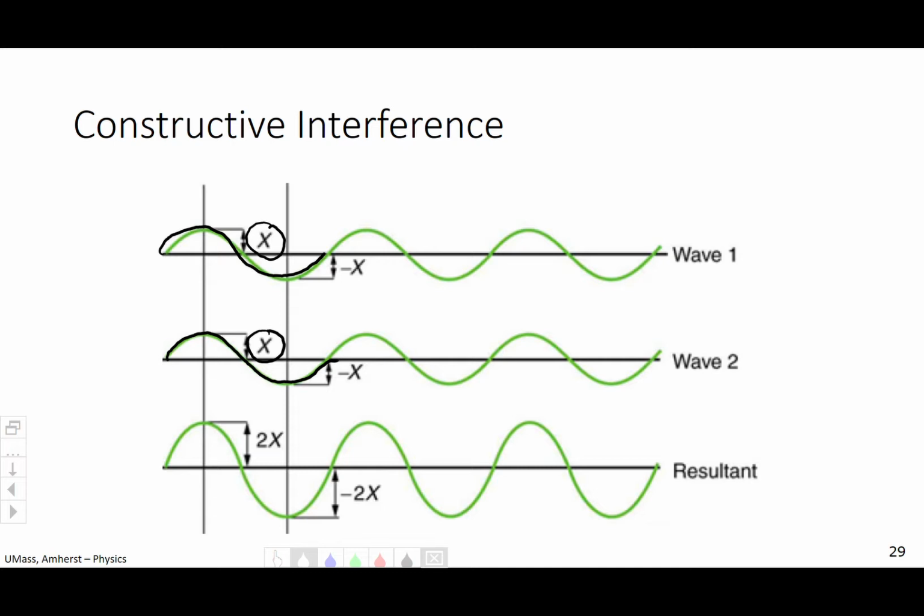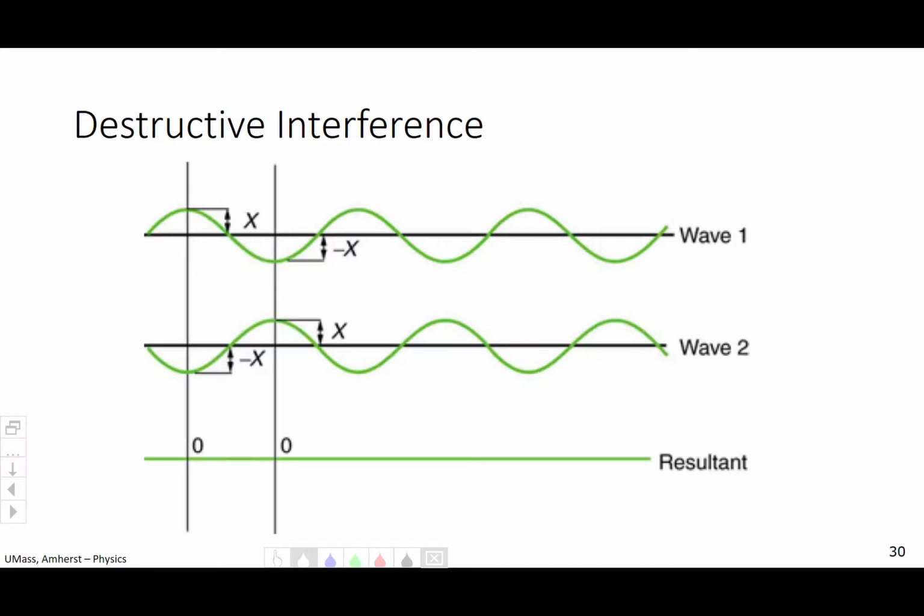If we put them on top of each other, the amplitudes add to give you a higher crest of 2x, the sum of those two amplitudes. And you also get a trough that is also of amplitude 2x. Pretty straightforward. When they're right on top of each other, they add together.